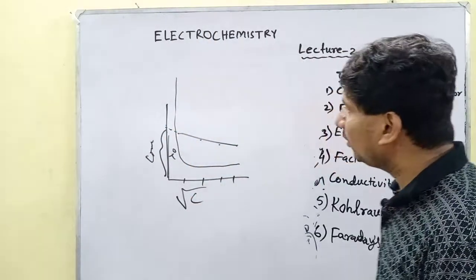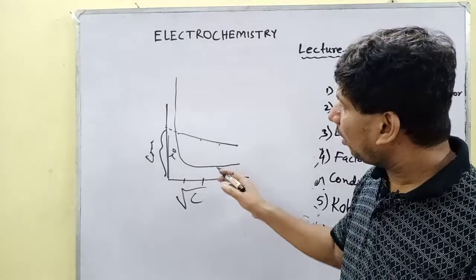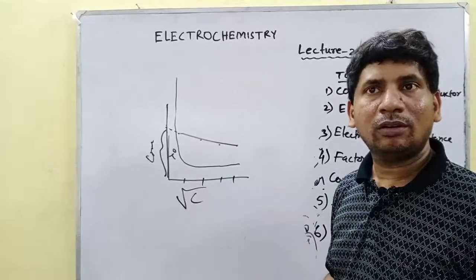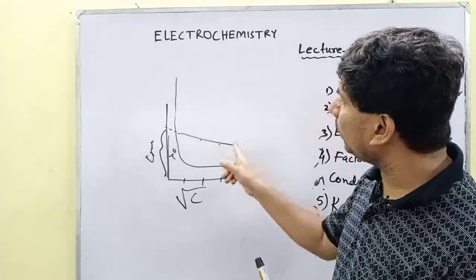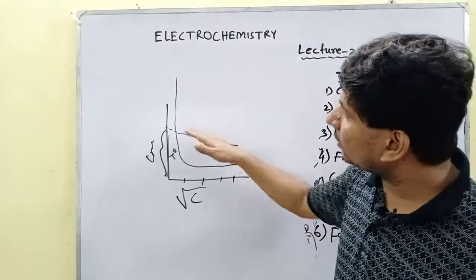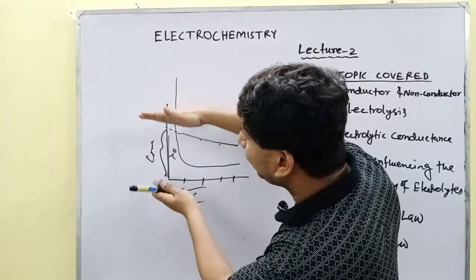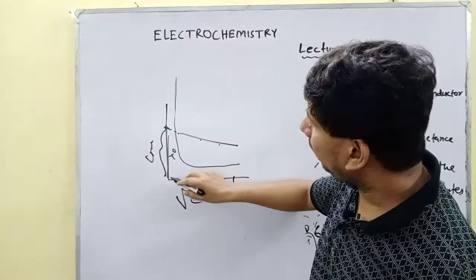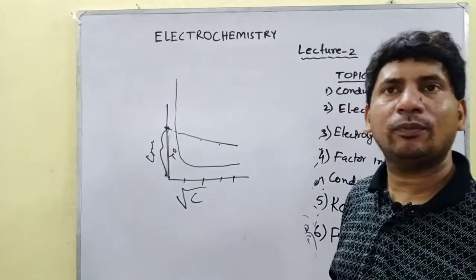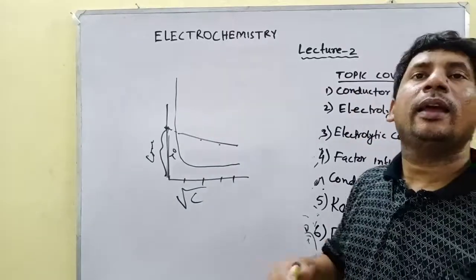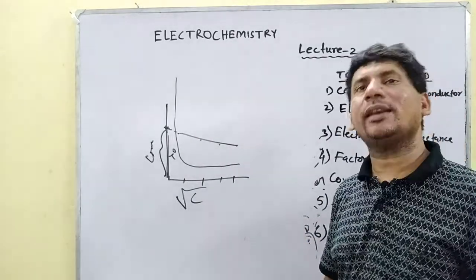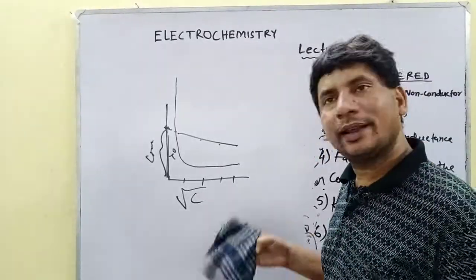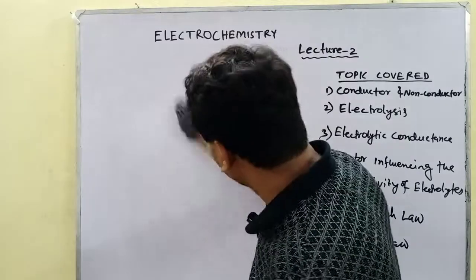For a strong electrolyte, we can extrapolate, get the cut point on the y-axis, and get the lambda 0 value. For this reason, a weak electrolyte can be converted to strong electrolytes, and we can get the conductance of the weak electrolyte.